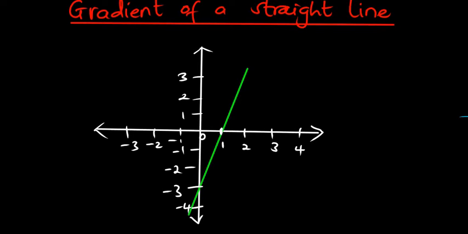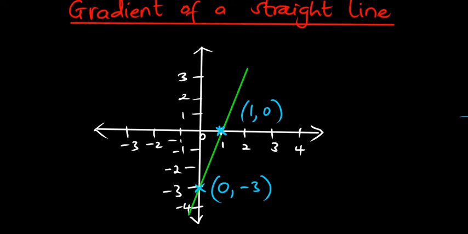I can identify this point where this line cuts the x-axis, and this point where this line cuts the y-axis. So this point is (0, -3), and this one is (1, 0). With those 2 points, it is possible to get the gradient of a line.